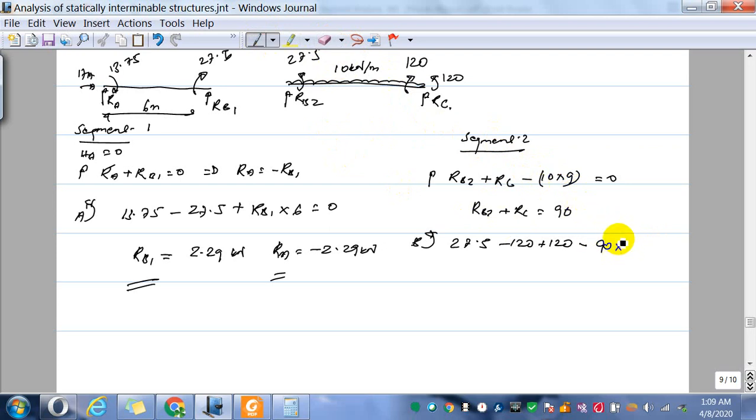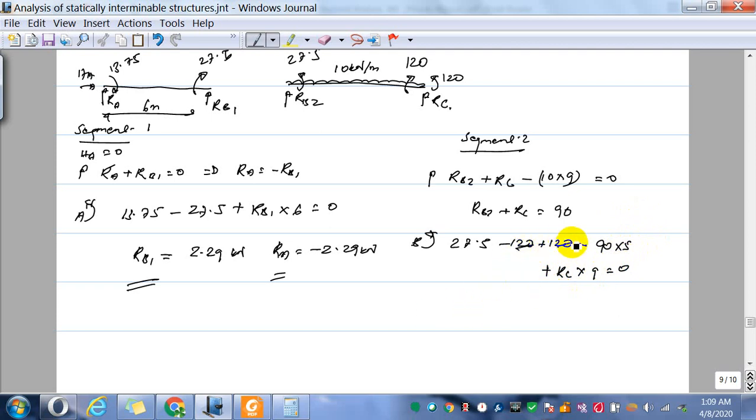So the 90 is the load, 90 into 4.5, then plus RC into the distance 9 is equal to 0.